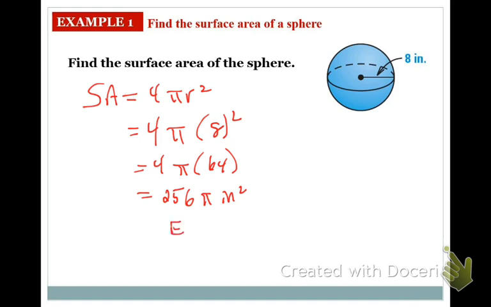This would be your exact surface area, but you probably wouldn't walk into a Lowe's or a Home Depot and say, hey, I need enough paint to cover 256 pi square inches, right? They wouldn't know what you're talking about. So you'd want to multiply that out and get 804.25 square inches, and that would mean more to someone working at Home Depot or Lowe's, right? Because this is going to be your approximate surface area. Okay, and there you go, just a direct use of the formula.